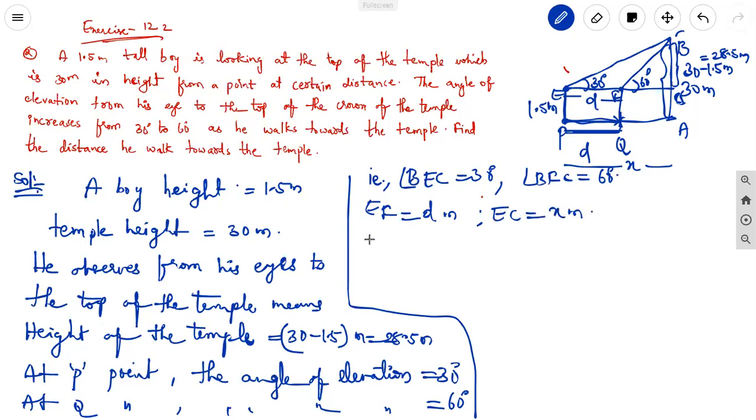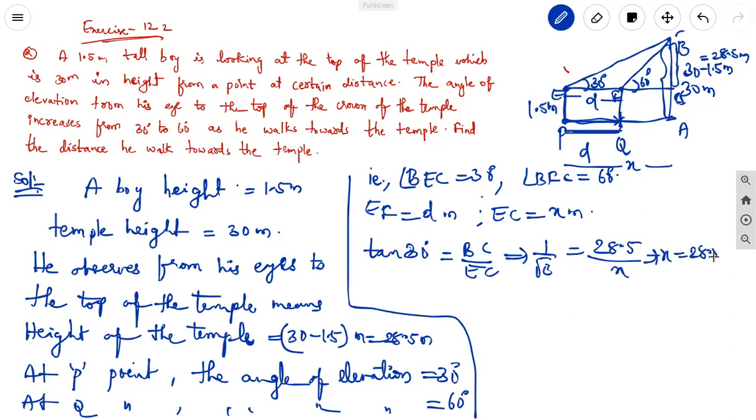Now we take the ratio tan 30 degrees is equal to the opposite side, that is BC by EC. That means tan 30 is 1 by root 3, equal to BC height 28.5 by EC height x. So x is equal to 28.5 into root 3. That is x equal to 28.5 into 1.732.